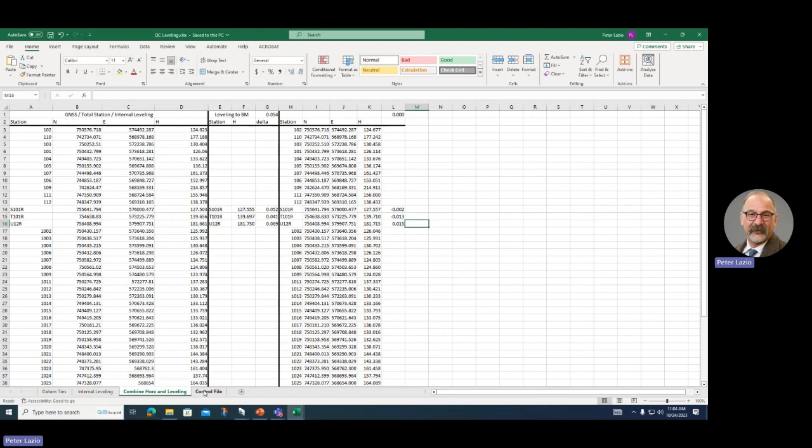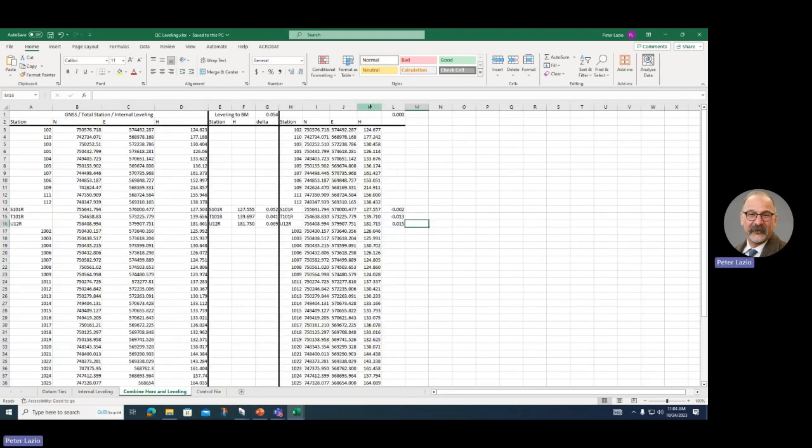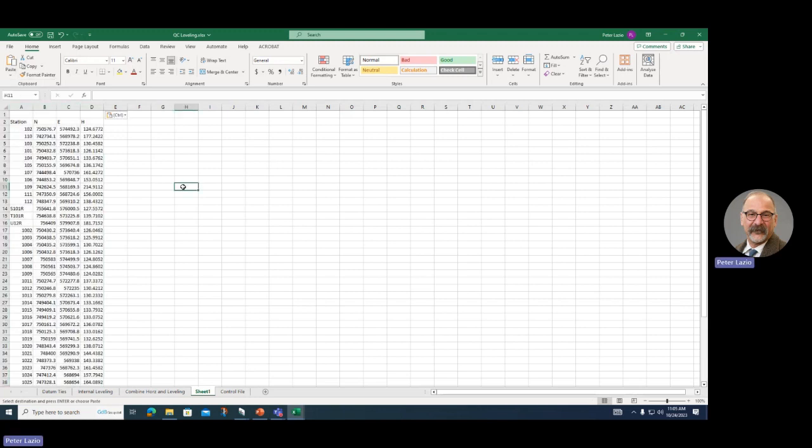And so then my control file, I take these elevations, it's this right here, I just copy and paste the values. And that's my control.